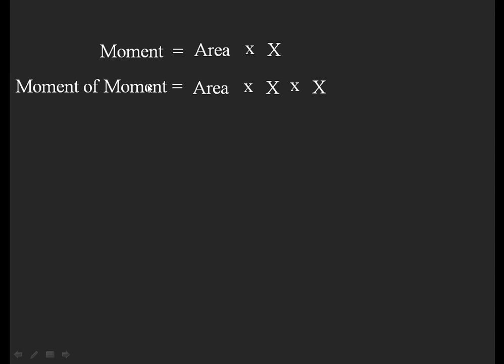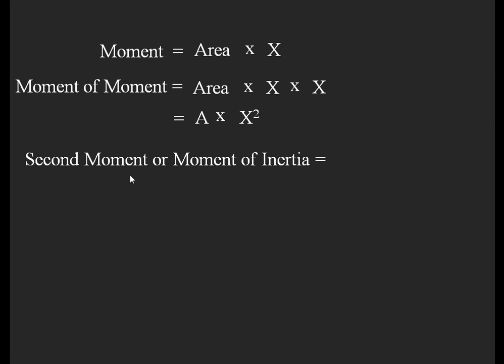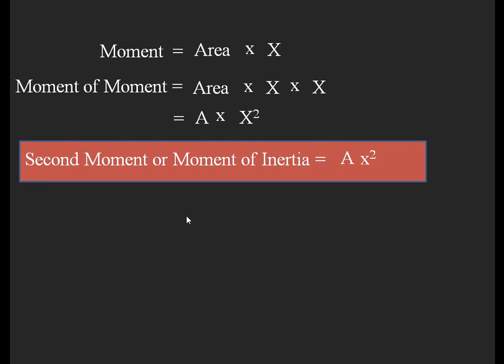The first moment is moment only; the second moment is moment of moment, or moment of inertia. So now I would write it as a into x square. That is the second moment or moment of inertia, which can be written as a into x square, the product of area and the square of the distance from a reference axis with respect to which the rotation of the body takes place. So this is the equation we can represent for the moment of inertia.